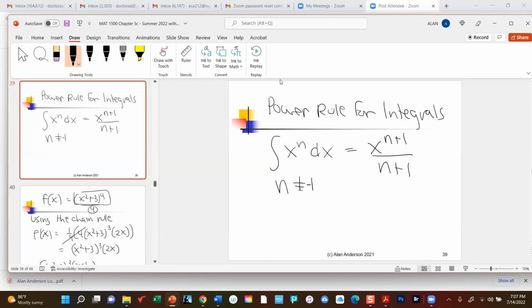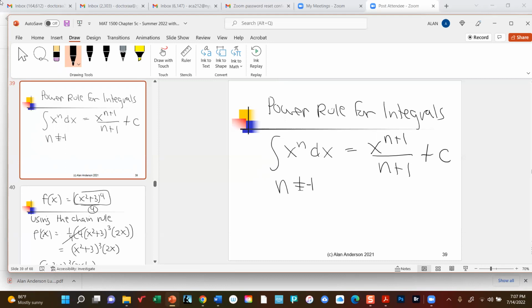Then we have a separate rule for that. But for every other case, x raised to any exponent except negative 1 results in x to the n plus 1. Oh, and don't forget the plus c. When we're doing indefinite integrals, we have to have that constant.